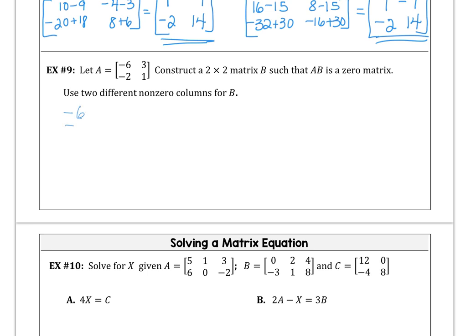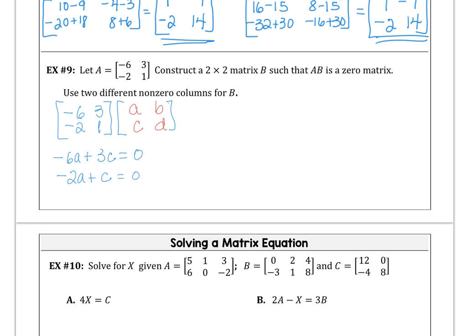We've got -6 and -2, 3 and 1, and we want to multiply that by 4 numbers, A, B, C, and D. And our result is going to be 0. So we've got -6A and 3C in that first column. We have -2A and 1C in the second column, and those have to be 0.